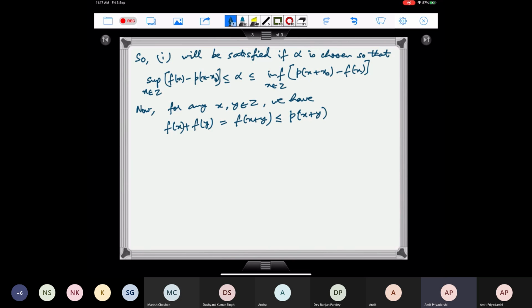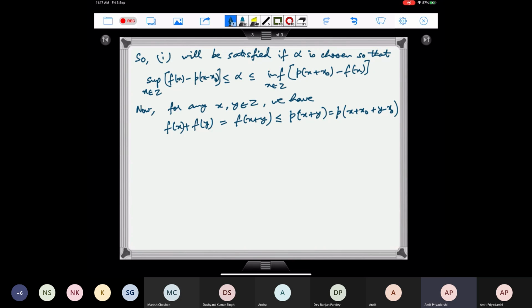And this is the same thing as p of x plus x naught plus y minus x naught. Right, so x plus y is the same as x plus x naught plus y minus x naught.